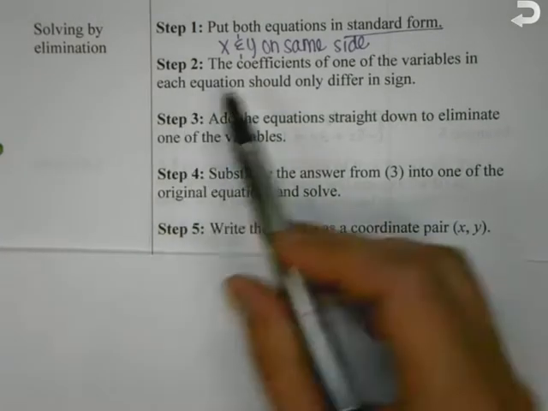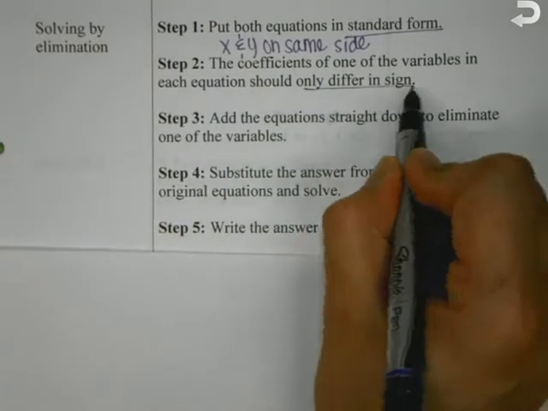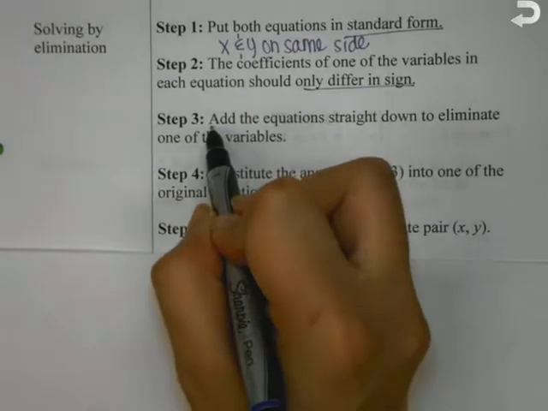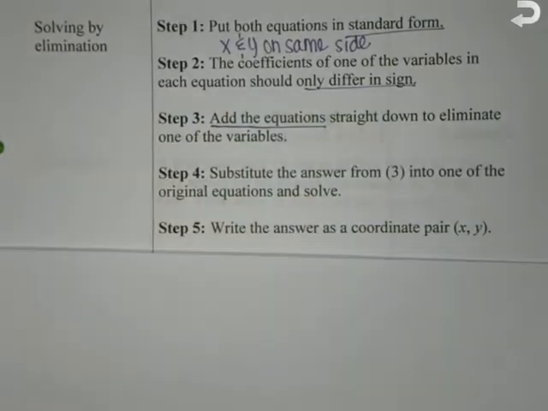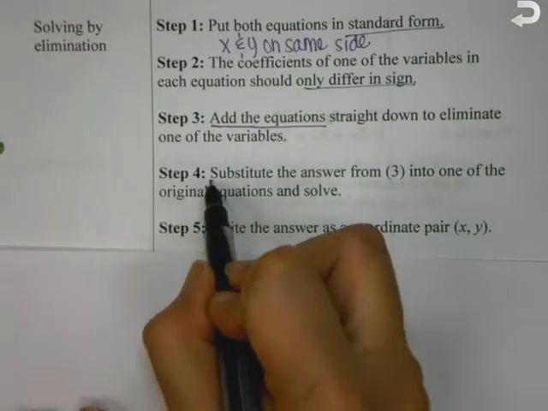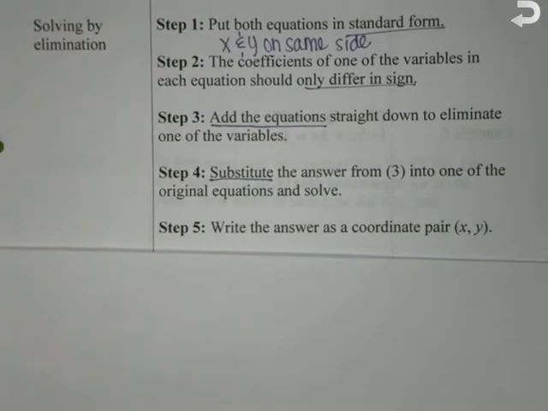So you want to get coefficients for, say, the x's to be the same, except for the sign. We're going to add the equations to eliminate one of those variables. And then we're going to get an answer for one variable. So then we're going to substitute that answer into one of the original equations to get the second. And then we want our answer to be a coordinate pair.